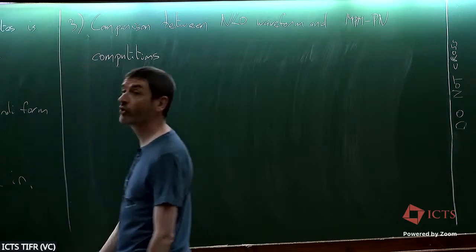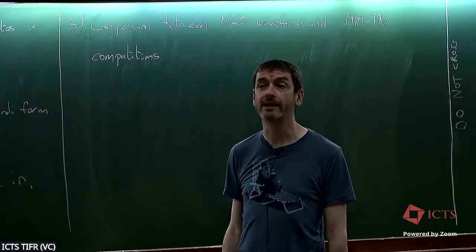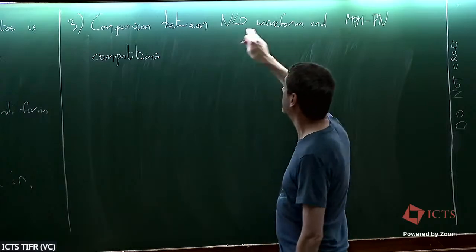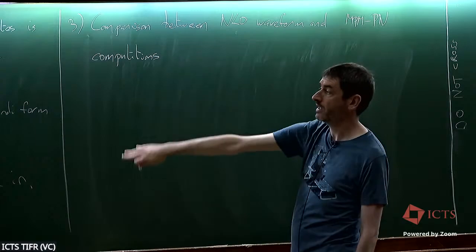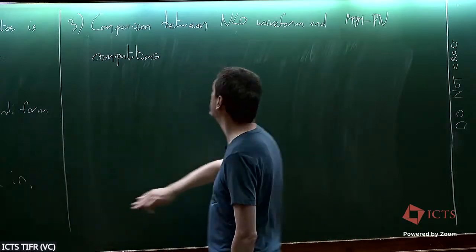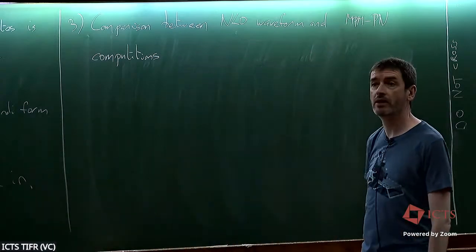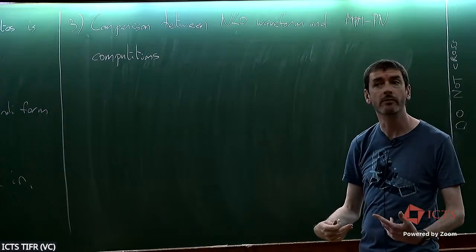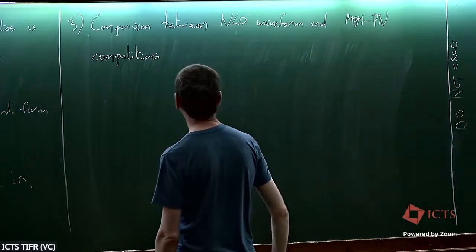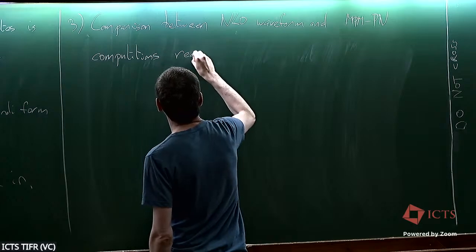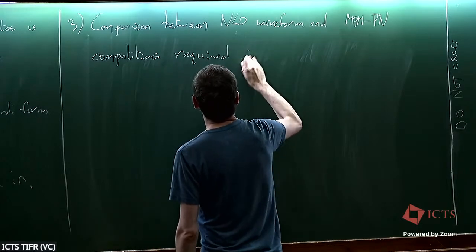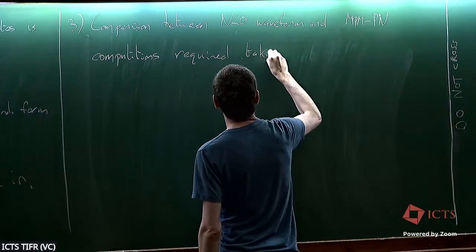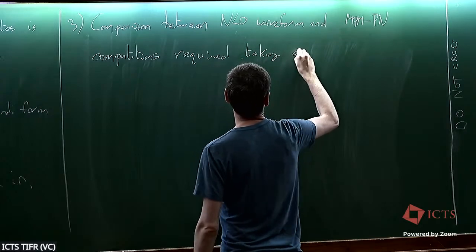This comparison required a large gauge transformation to be taken into account, because it wasn't understood at the time, but these computations were implicitly done in this frame. The MPM-PN computations were done in a frame equivalent to the de Donder gauge. So the comparison required taking a supertranslation into account.